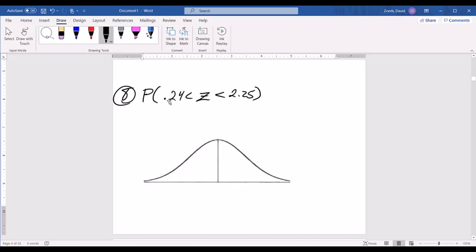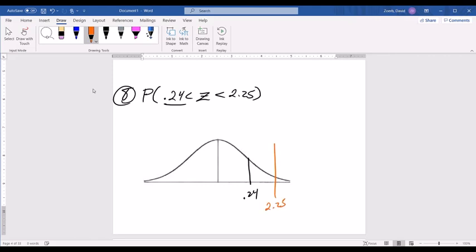So now I want the probability that z is between 0.24 and 2.25. So this guy will be in black, so 0.24, and I'll put it right here. 2.25. Make a big mark here.